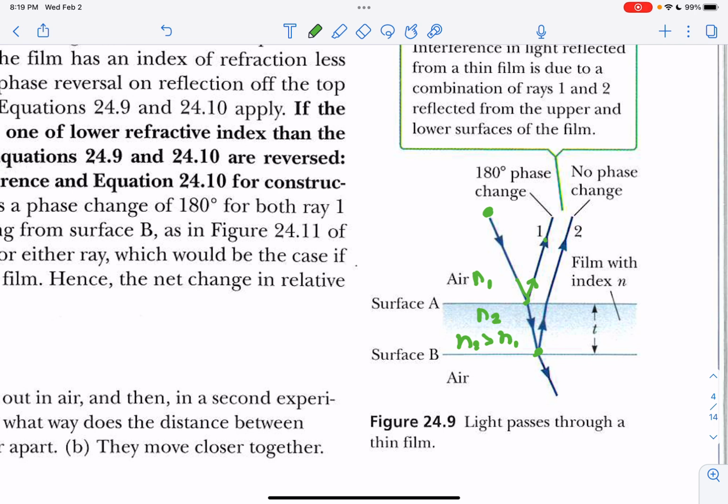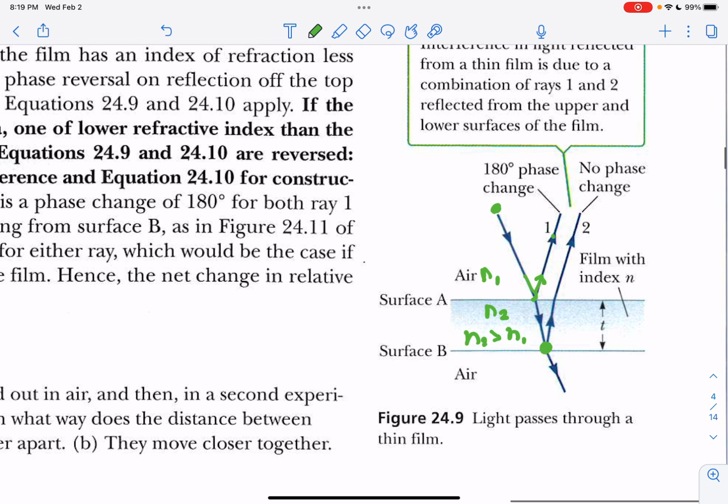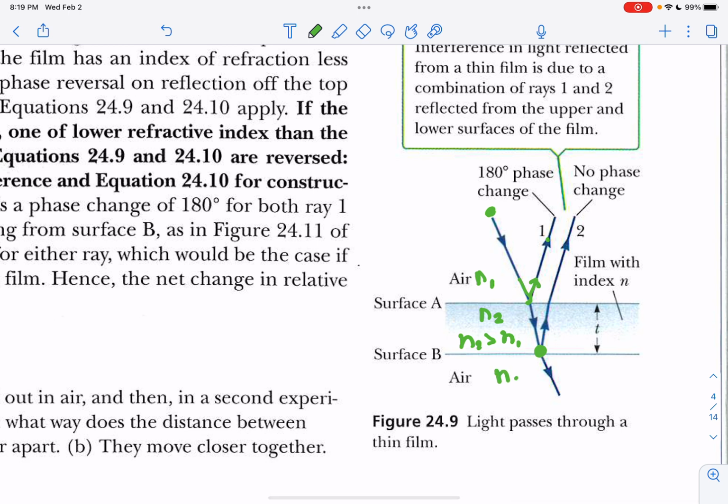Now, the beam that manages to continue through the medium and reflects off the bottom of the medium, this part down here, back to n equals 1, because this is not a denser medium down here, that means there's no phase change when it reflects here.